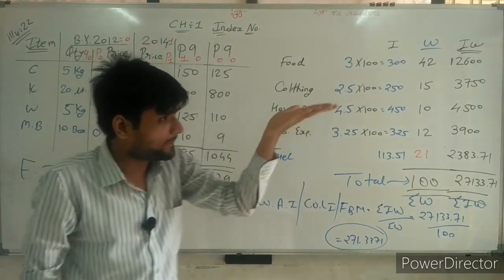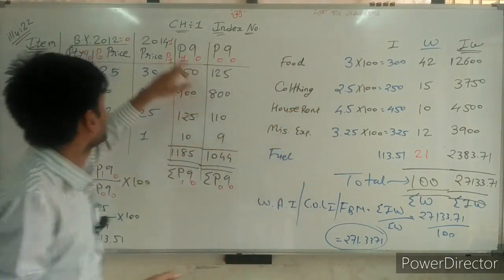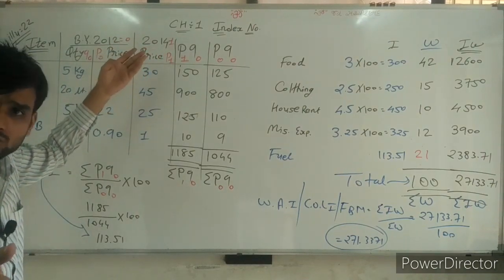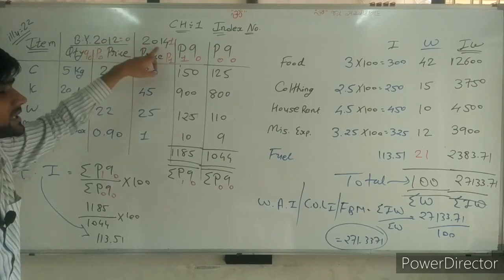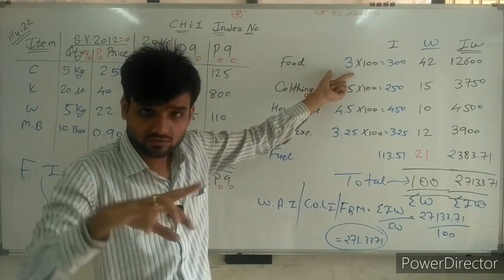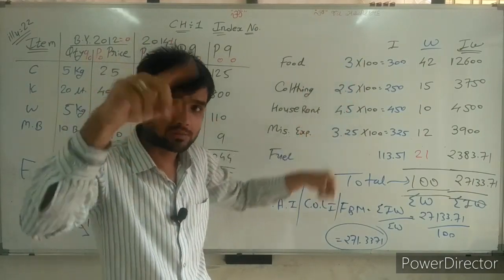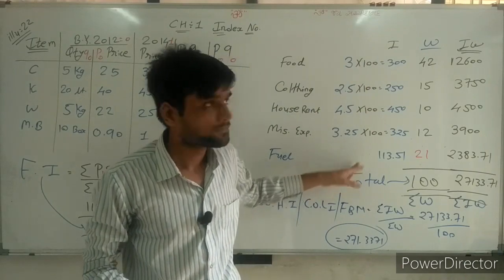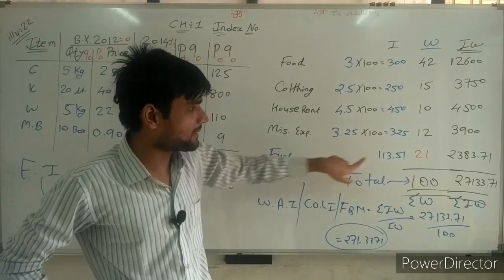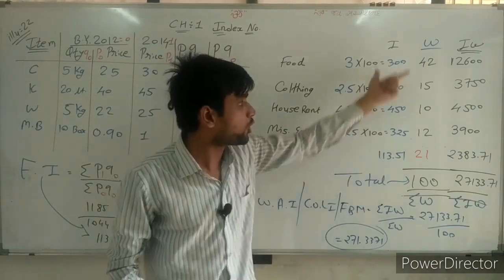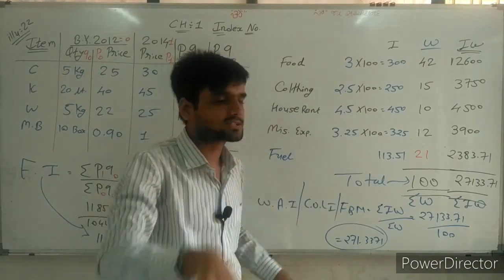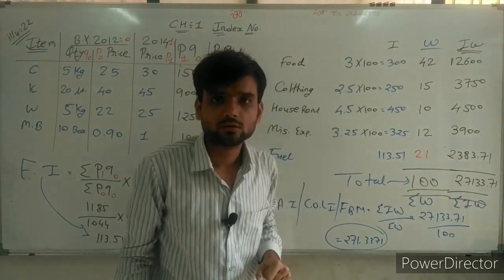Food, cloth, house rent and miscellaneous information is given. In which, compared to 2012, in 2015, because here also 2014, sorry, so here 14, then there is also 14. So compared to 12, what is in 14? That is very important. So 3 times, 2.5 times means multiplication. So I have multiplied with it. So I is given. The fuel item I we have found here. So I have all the index numbers I. Now with its comparison, W is also given.